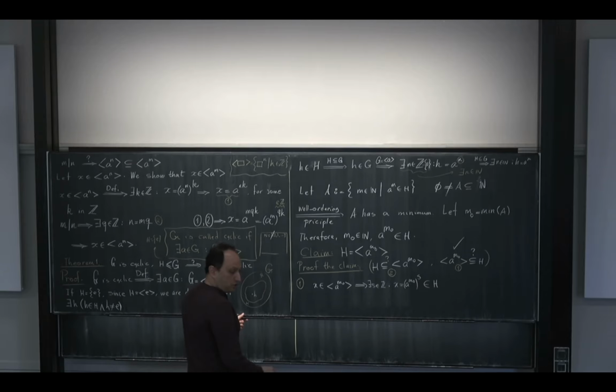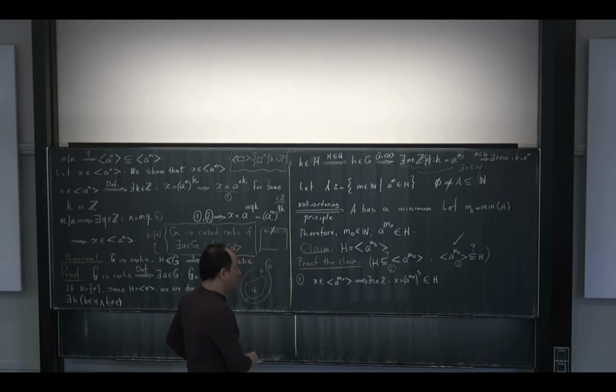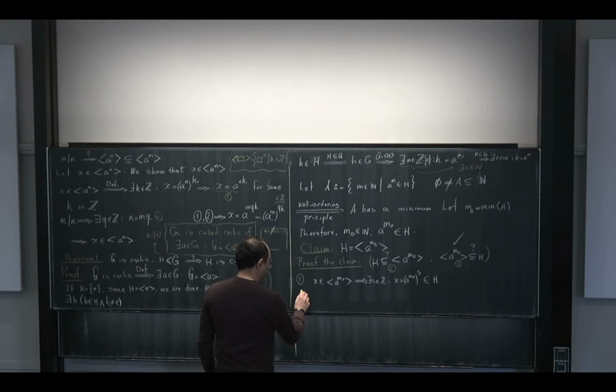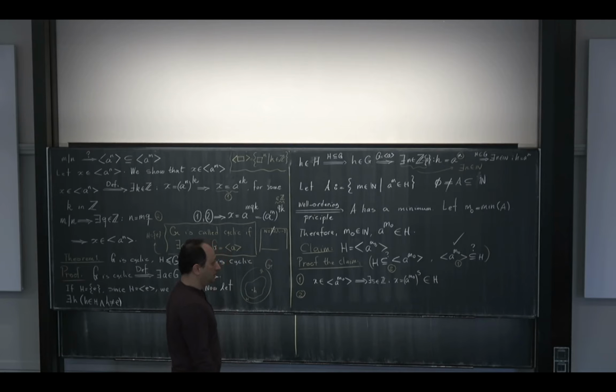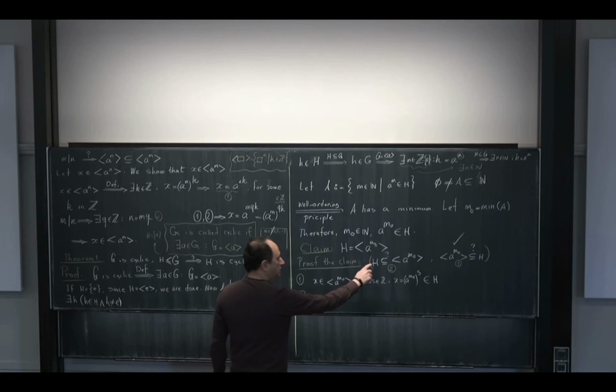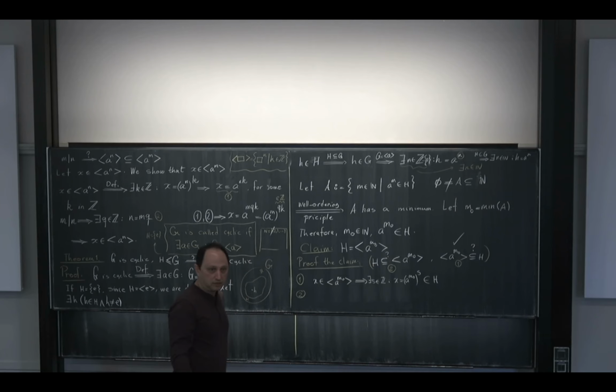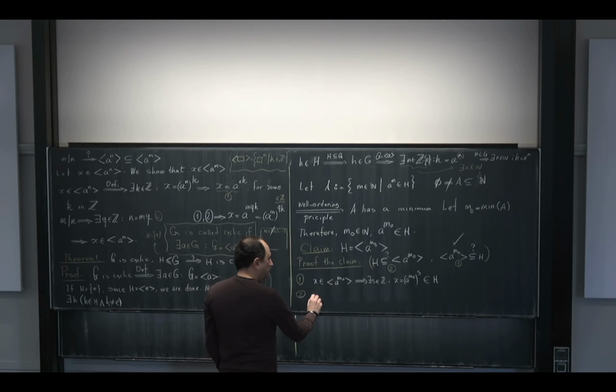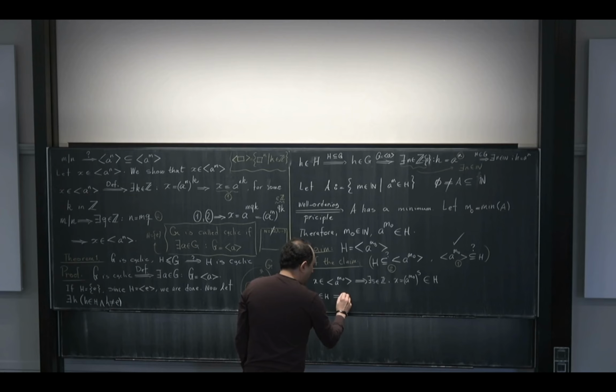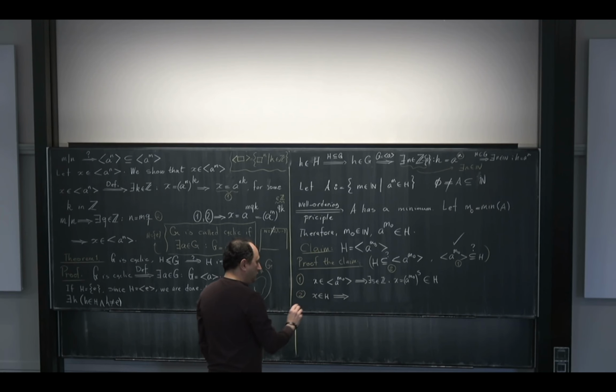Okay, so number 2, I want to prove number 2. How should I prove number 2? Again, the technique is clear. This time I take x here and I want to prove it is there. So if x is in H, I want to show that x is also there. Tell me, how should I continue? Let me give you the first step.